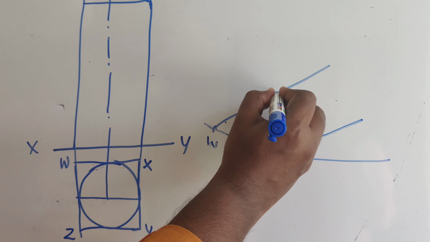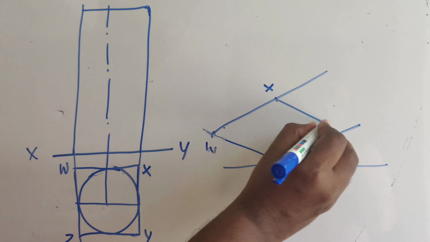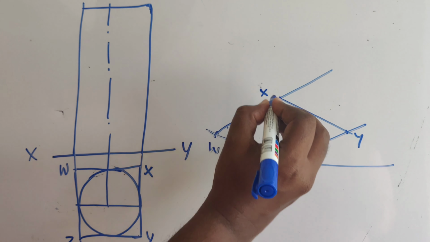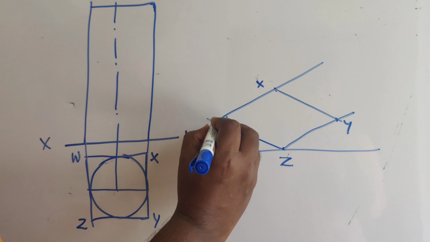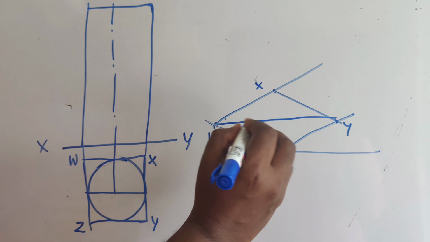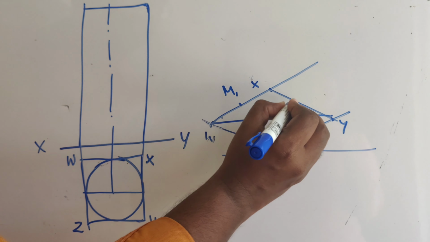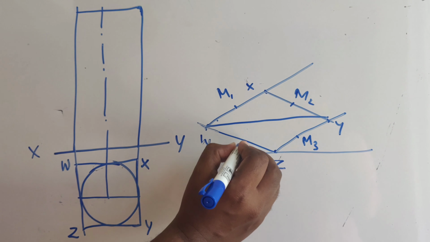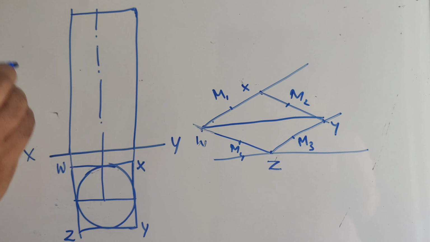So you will get this as X, Y and Z. Again, the 4 center method. I am not going to repeat the same thing. You are going to draw the diagonal. You are finding the midpoints M1, M2, M3 and M4. Then you have to find out the 4 centers.